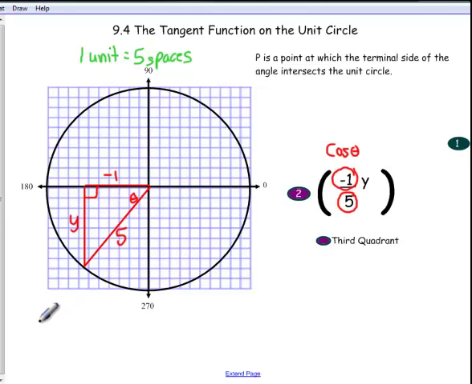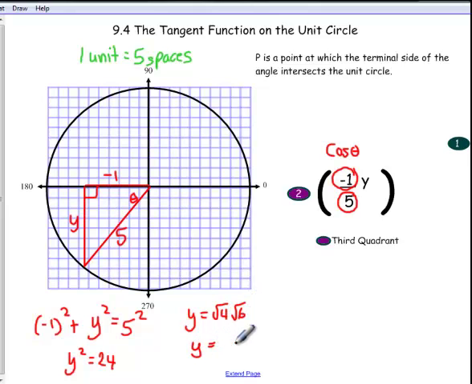So -1 squared plus y squared is going to get me 5 squared. And hopefully you guys can run through this quickly. Y squared equals 24. When I rationalize that, y is the square root of 4 times the square root of 6. So y is 2 radical 6, but it's going to be -2 radical 6 because I went down.